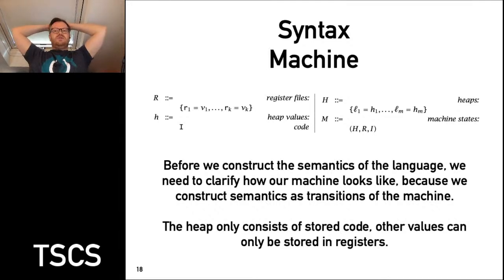So whenever you do a transition, you don't translate from one expression to the other, but you go from one machine to the other. Much similar to the transition from expression and heap that we had before, the mu, the state there. We now have this, but as a triple.